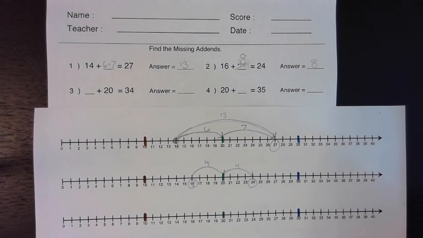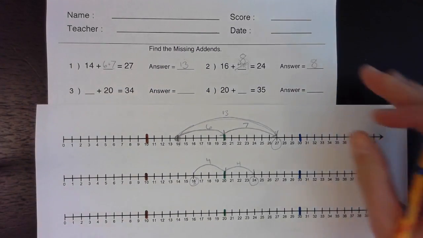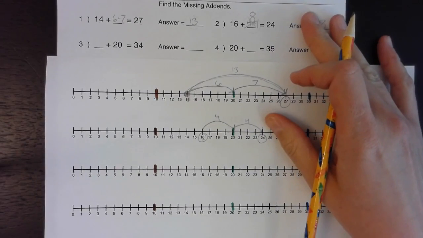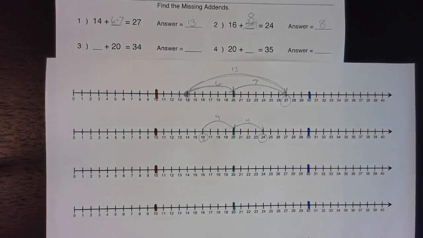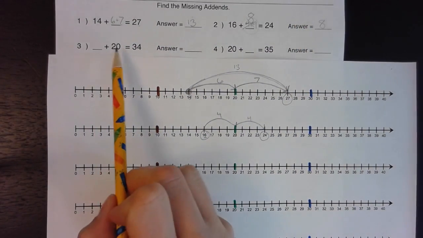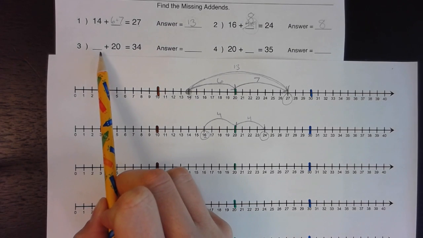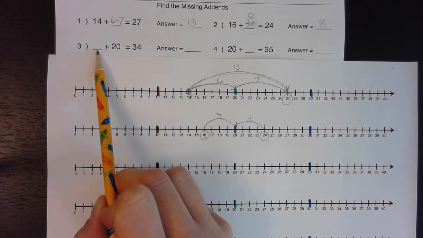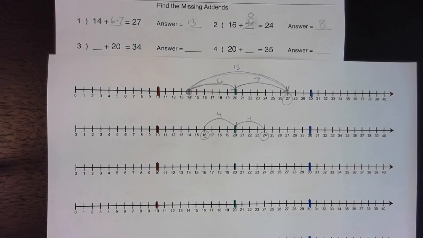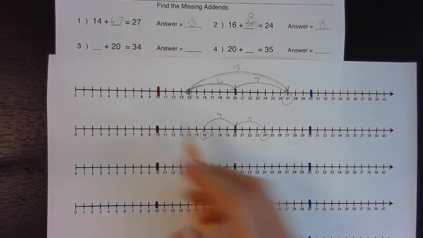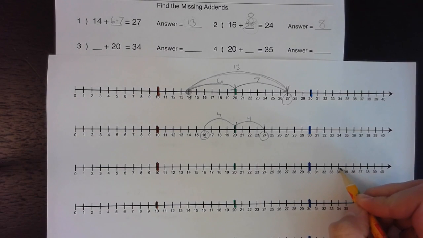At this point, you can pause the video and work on some on your own, or I'm going to go ahead and just show you a couple more examples. In this one, notice that the missing addend, the missing part, comes first. So I could solve this in a couple of different ways. For example, we want to get to 34, so I'm going to highlight that right here.